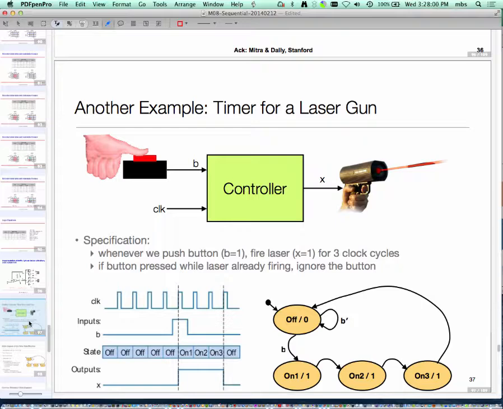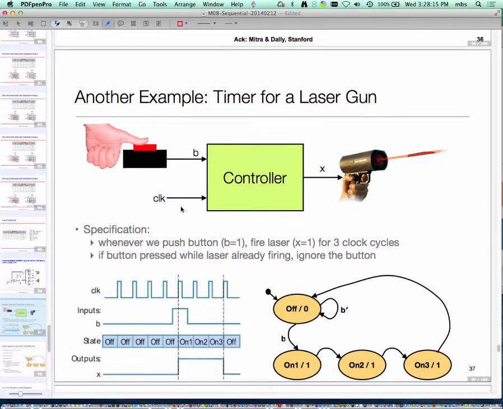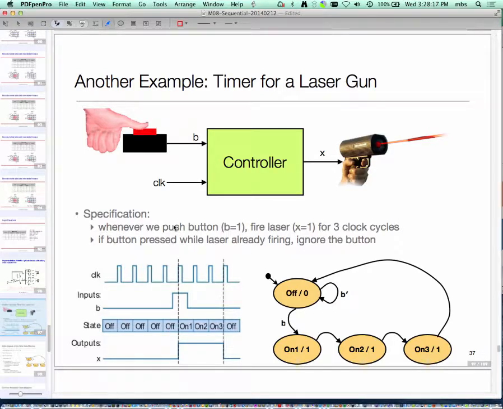So we have to design this controller. It has a clock. It has a signal X which controls the laser gun. It has a signal B coming in from a button. And the idea is that whenever we push this button, we want to fire the laser for 3 clock cycles.